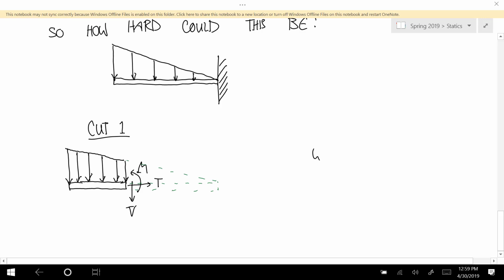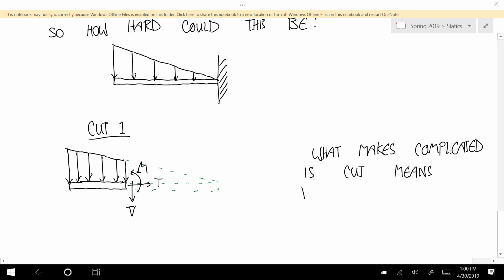So what makes these complicated is that making that cut means the distributed load no longer has a triangular shape.